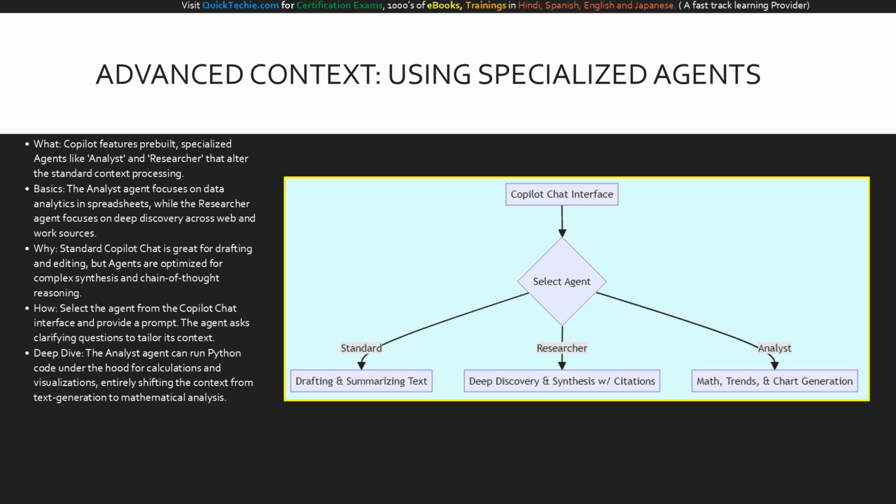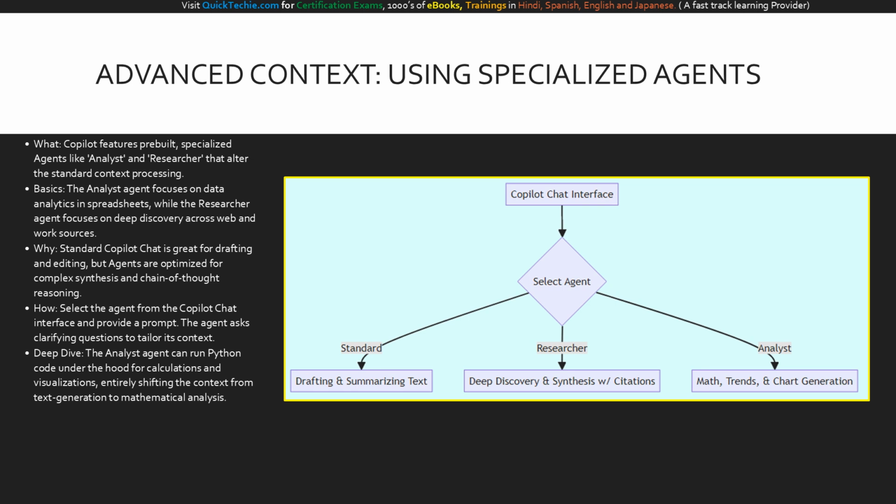If you invoke the analyst agent, the context shifts to mathematical and statistical reasoning. The analyst agent can evaluate complex spreadsheets, calculate trends, and even use an internal code interpreter to generate visual charts. By selecting an agent, you are essentially telling the AI, change your entire context from a writer to a data scientist.